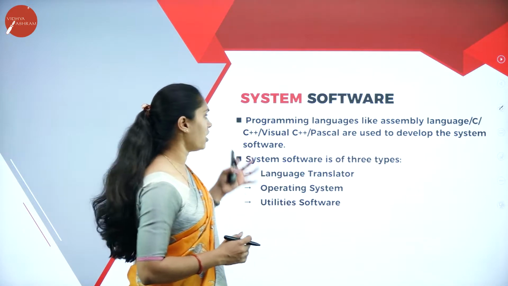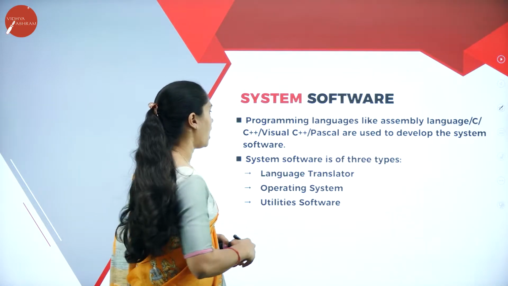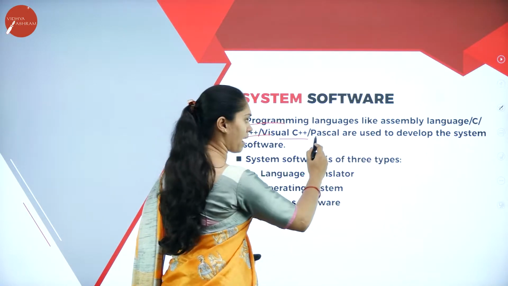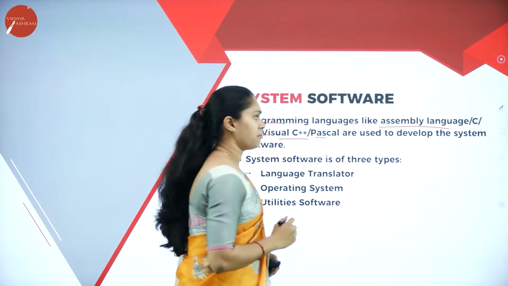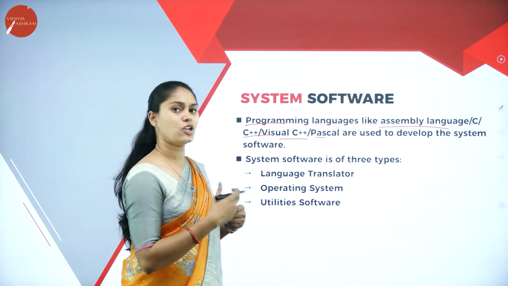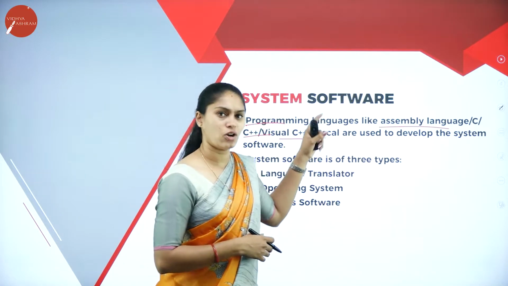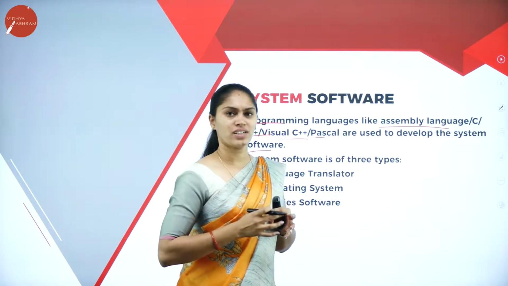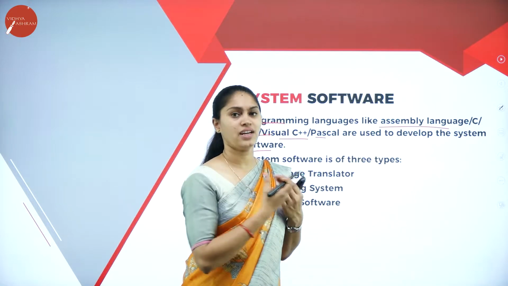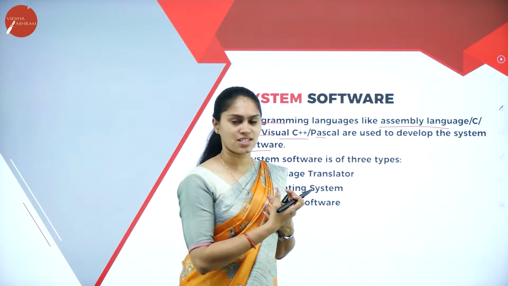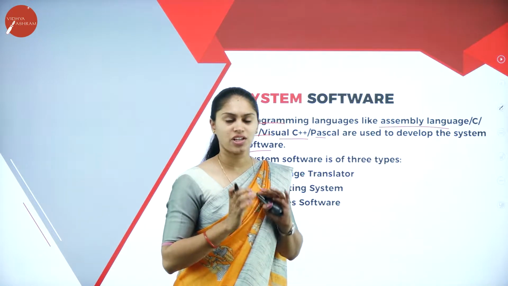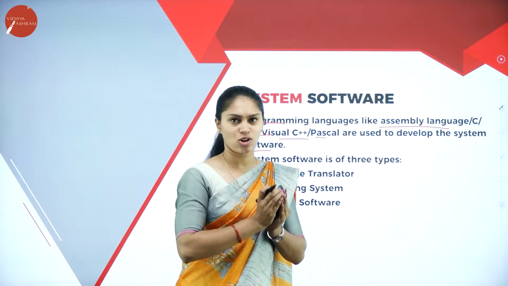Okay, that is regarding system software. And we use C++, Visual C++, Pascal, assembly language and C programming in order to build this system software. Anyway, it is just a collection of instructions, a streaming of instructions, which together we call software.